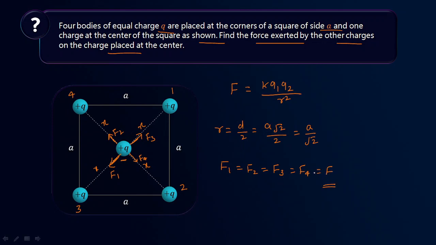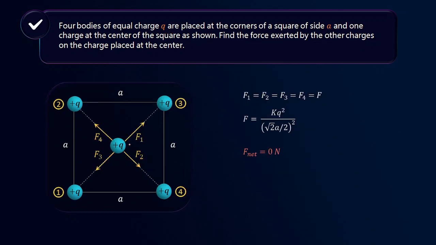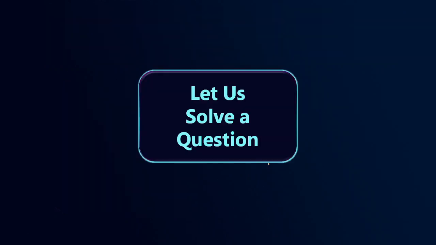Since all the forces are equal and opposite in pairs, F net will be equal to 0. F is k q square divided by the square of root 2 a by 2, the separation between the central charge and the corner charge. So the net force will be 0. Simple. Let us solve the next question.